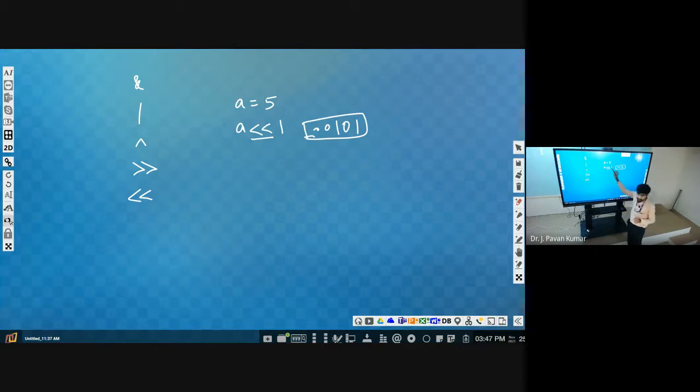Whatever zeros we are having, those all will be shifted left by 1 bit position. So 1 will be shifted here. Next this 0 will be shifted. Next this 1 will be shifted here. This 0 will be shifted here. Remaining anyway zeros only. The first 0 from the left side will be discarded.